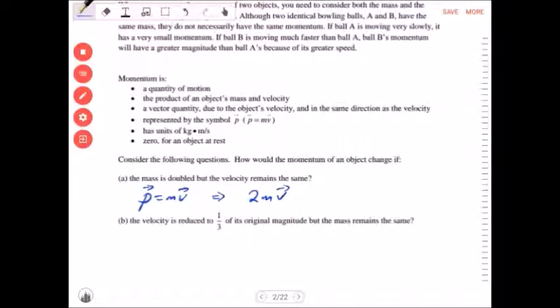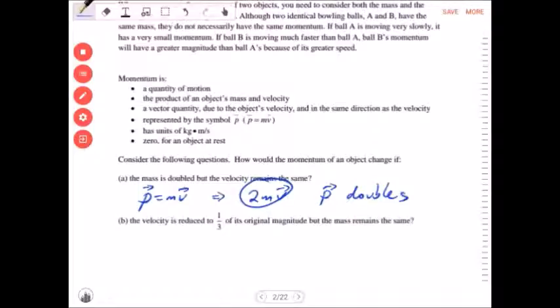If I have 2m times v, what's going to happen to the momentum? The momentum, this part, is going to get twice as big. So if the mass is doubled, but the velocity remains the same, the P doubles. It's a direct relationship, or direct proportionality. So momentum doubles.